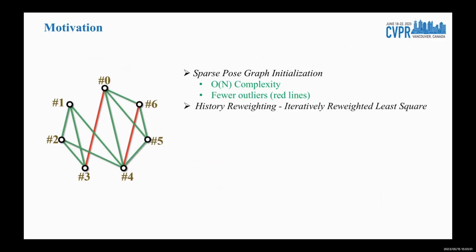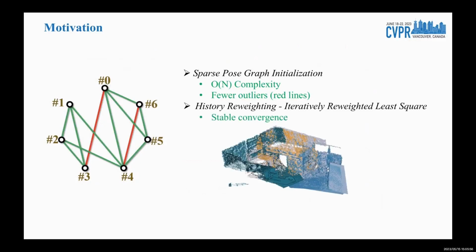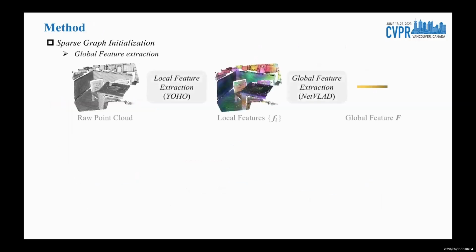Furthermore, we propose the history reweighting IRLS method, which can further improve the reliability and accuracy of multi-view point cloud registration. Specifically, in the sparse graph construction process, SGHR first estimates a global feature f for each point cloud, which is derived from the aggregation of local features of the point cloud.